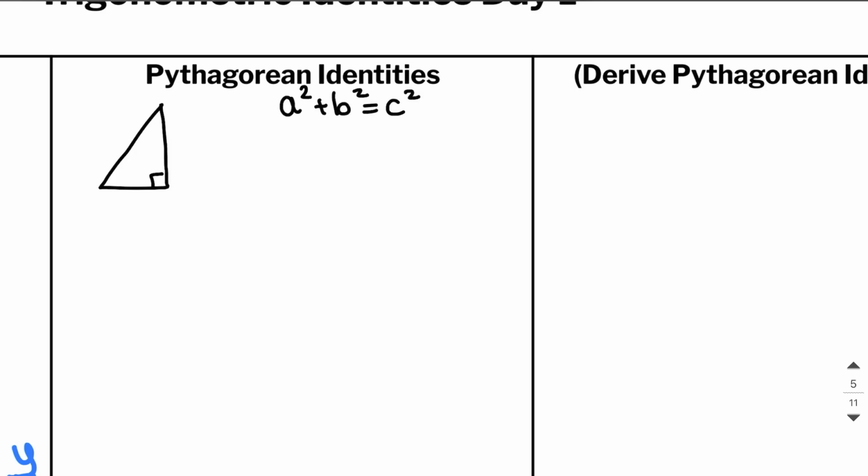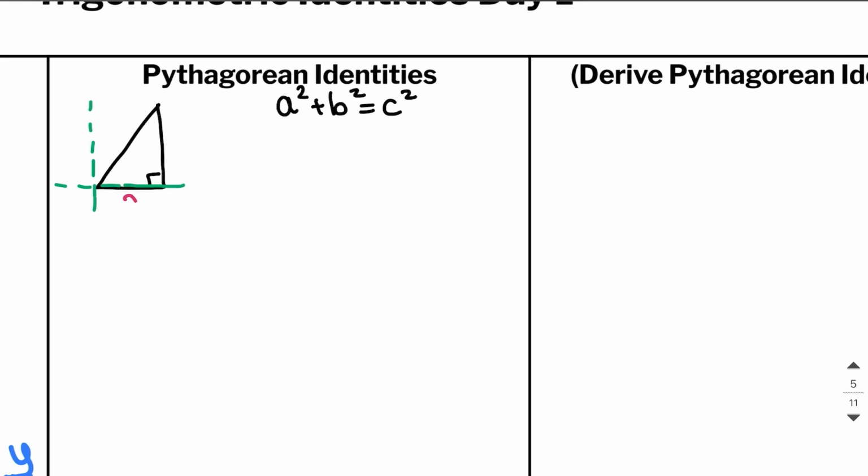We know that, right? But when we're looking at this on a coordinate plane, we've got our x and y axes. Remember, this right here is x, this is y, and this is going to be r, okay? And we also have an angle theta inside of here. Instead of a and b, I'm going to use this y and this x.